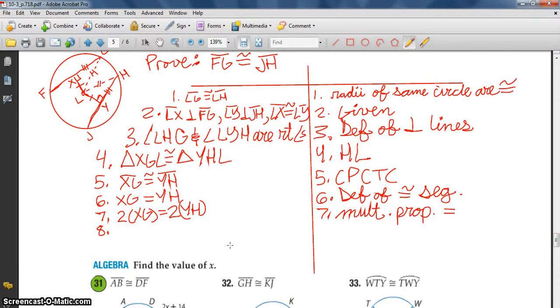Let's see. Next, we can say that LX bisects FG and LY bisects JH because a radius will be perpendicular to a chord if and only if it bisects the chord.